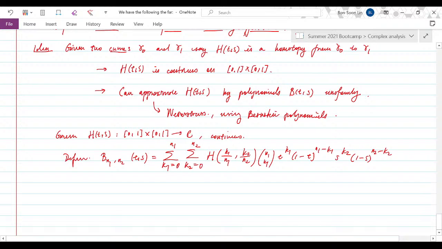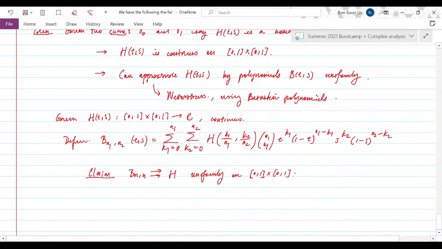We're going to leave that to the end, but I claim that this approximates H uniformly. So we claim that B_{n,n} converges to H uniformly on [0,1] cross [0,1]. And what's nice is that this is a polynomial in s,t.